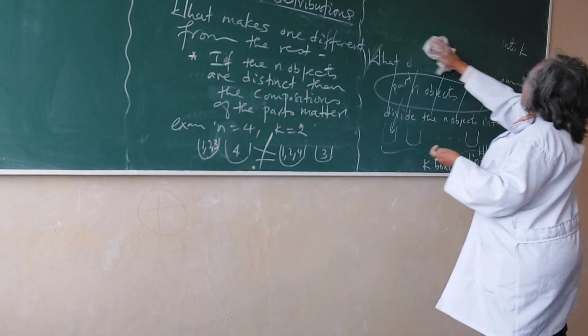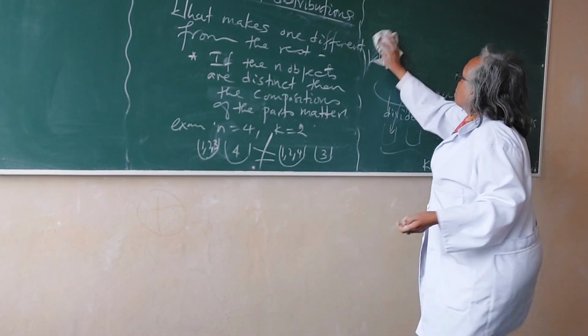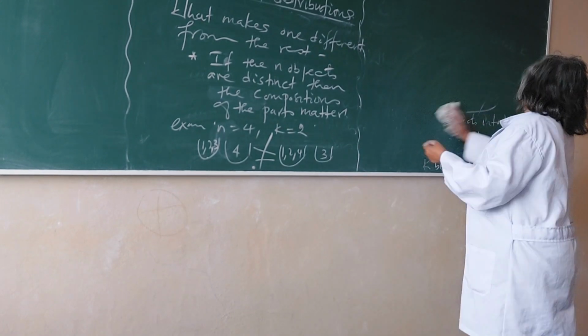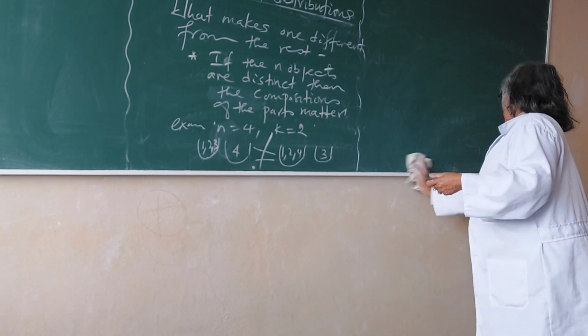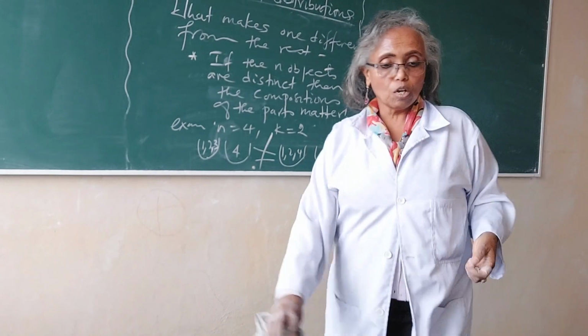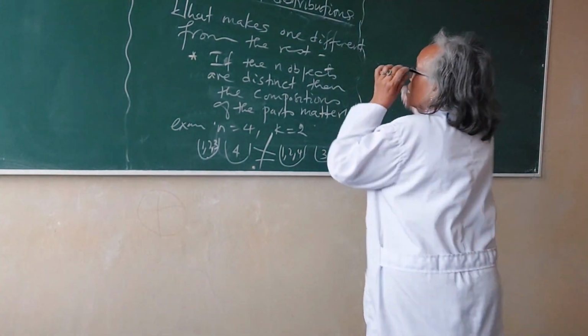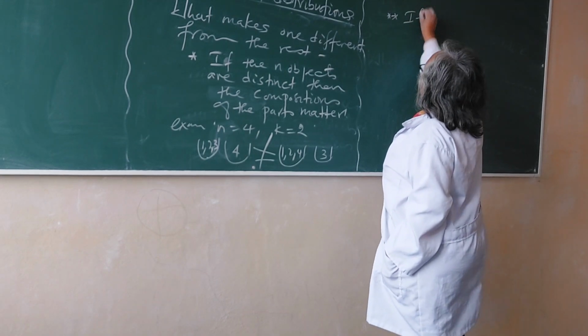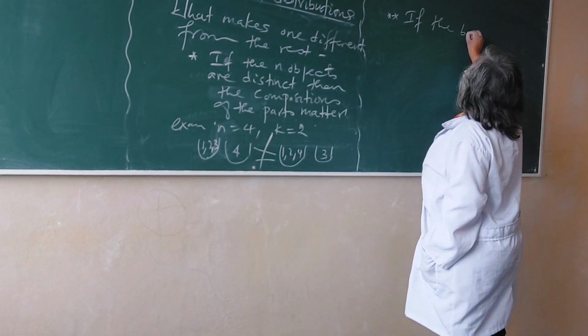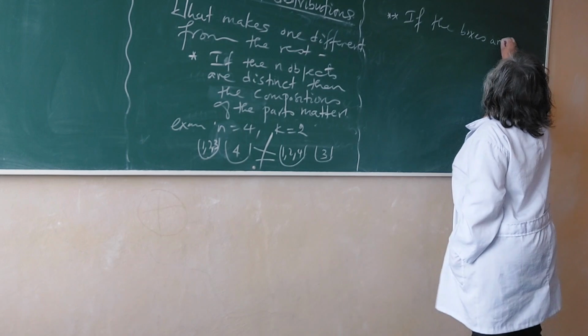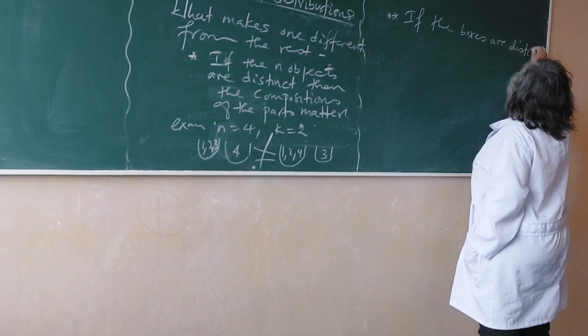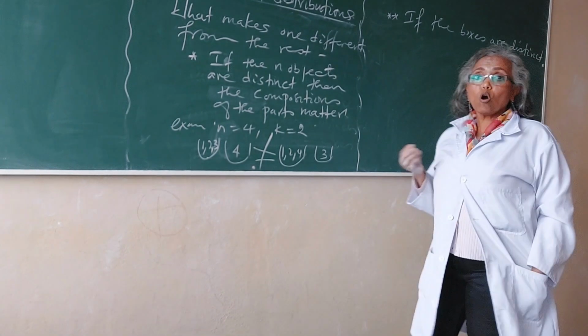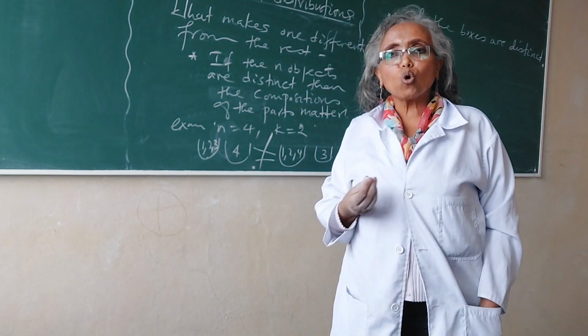Now another property of these distributions, which makes one different from the other, is if the k boxes are distinct. Okay? If the boxes are distinct, then order matters.